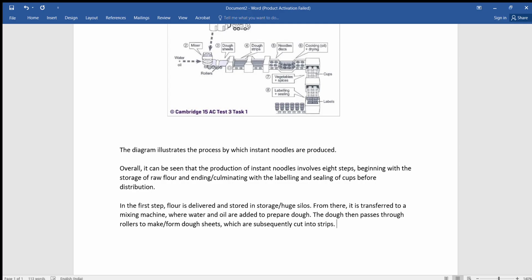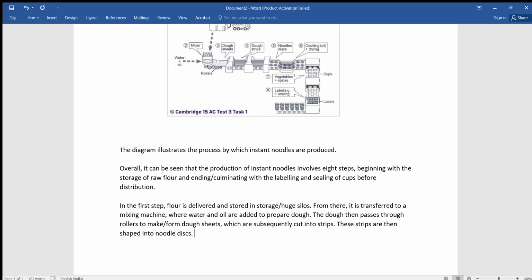Okay, and then what is happening next? Noodle discs are formed. Okay, these strips are then shaped into noodle discs.